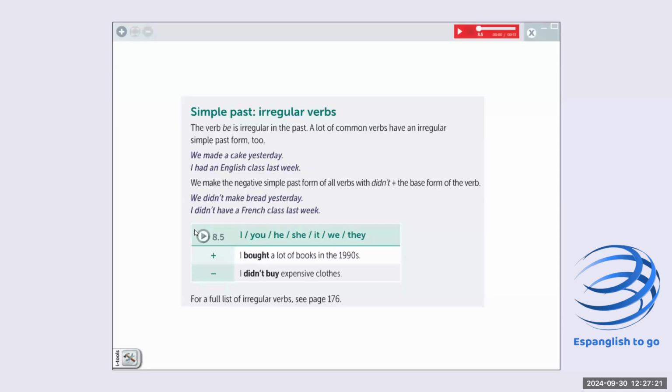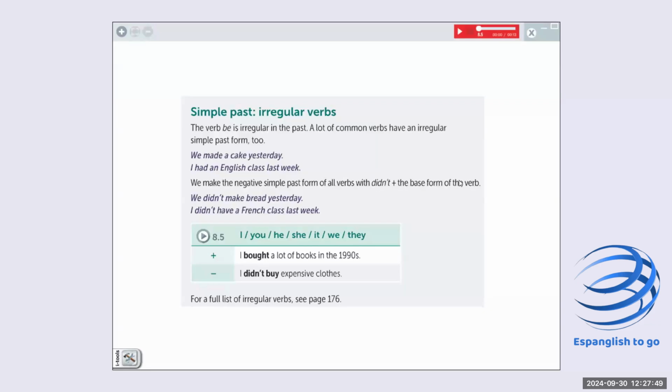Like make, for example, is made. We made a cake yesterday. I had an English class last week. This is very important. We make the negative simple past form of all verbs with didn't plus the base form of the verb.